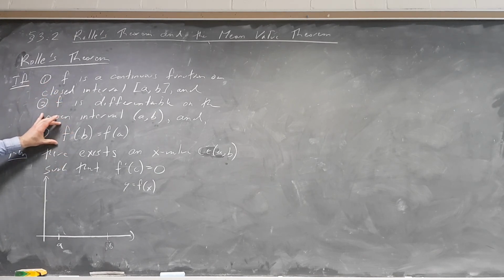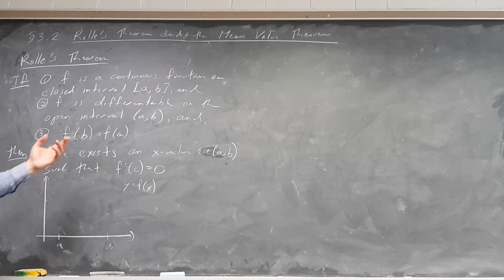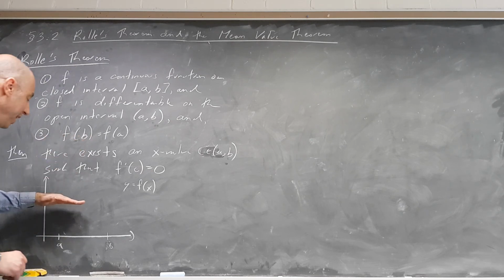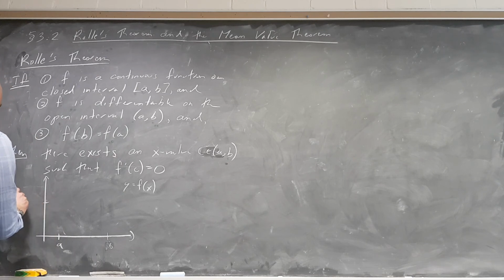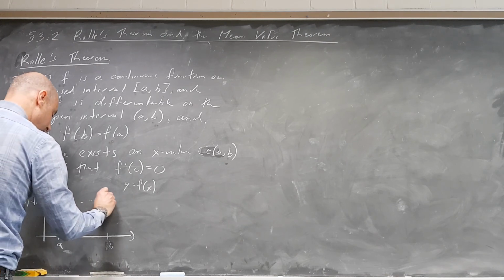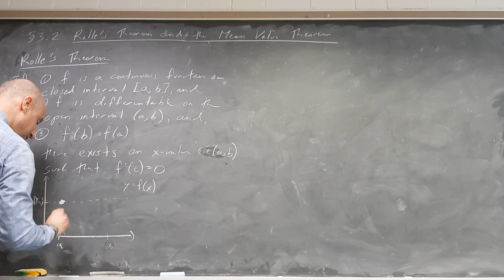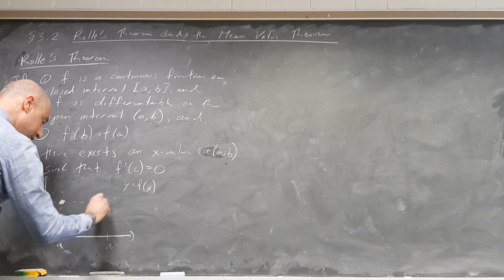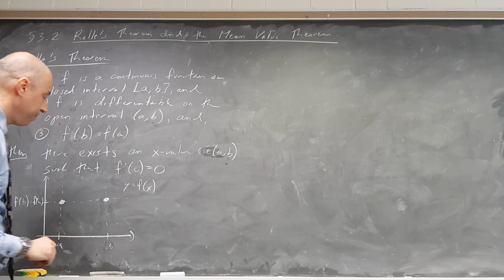So I'm going to start with number 3 actually. f of b equals f of a. f of b and f of a, those are the y values at b and a respectively. So we're saying that we're at the same height at a as we are at b. So this height, I'll just pick a height, and that'll be f of b, and it will also be f of a. We're at the same height. So this thing goes through a point here, right at x equals a, and another point at the same height here.